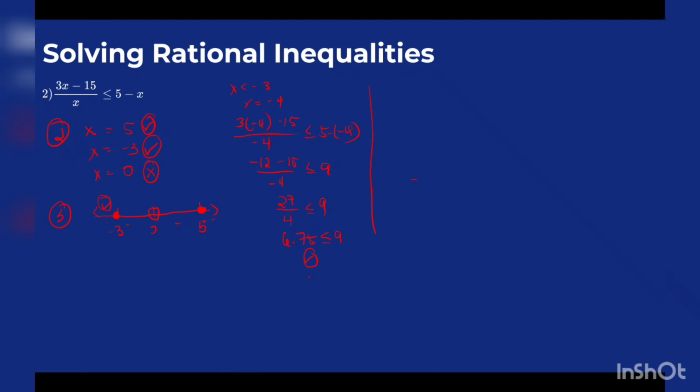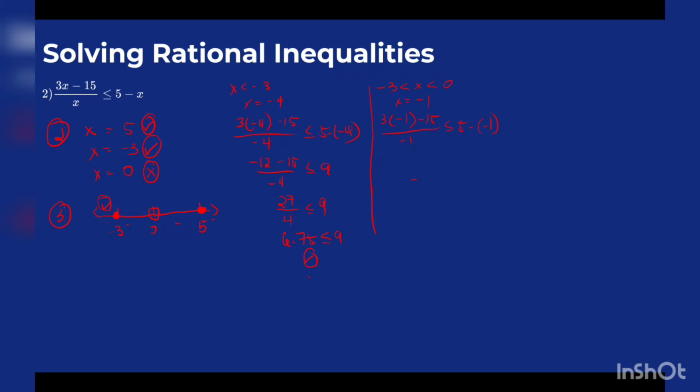For the second interval, the numbers between negative 3 and 0. So negative 3 is less than x, but x is less than 0. So let's try using x is equal to negative 1. So that's 3 times negative 1 minus 15 over negative 1 is less than or equal to 5 minus negative 1.